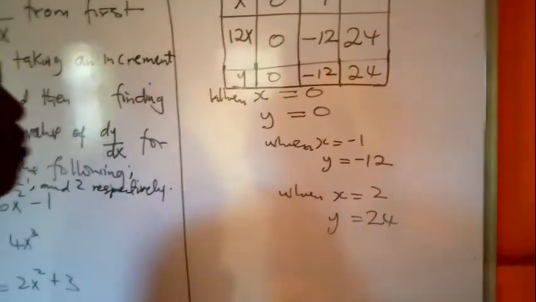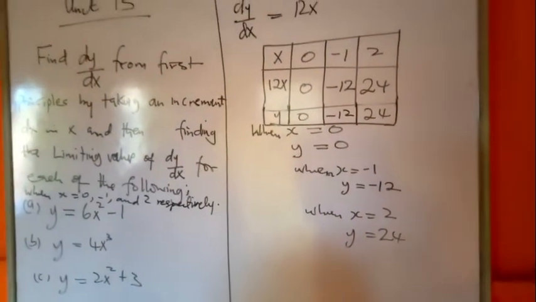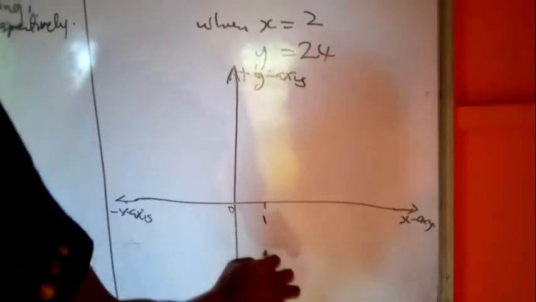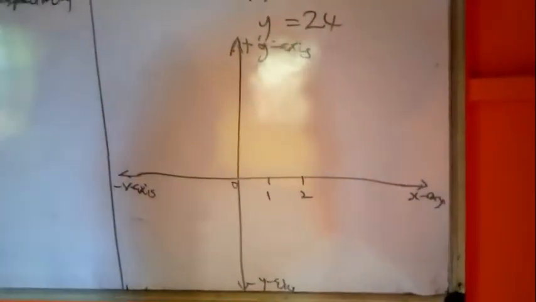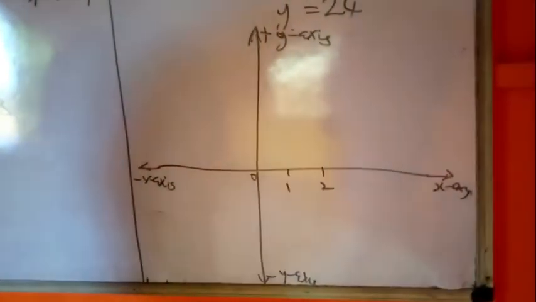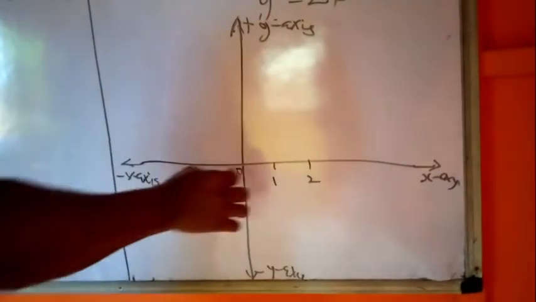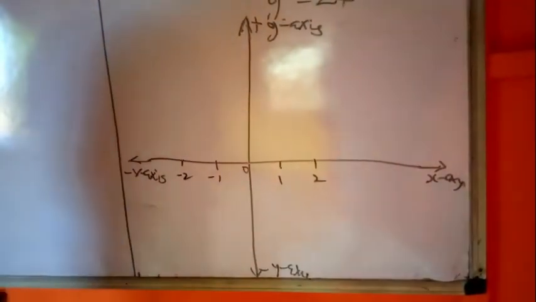So with these 3 points, we can draw our graph. On the x-axis, 0, 1, 2, and for the negative x-axis, the maximum is minus 1, so we can just take minus 2.